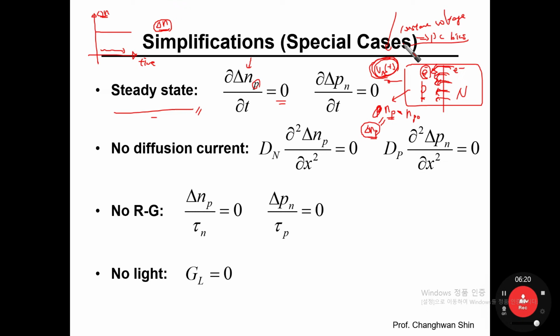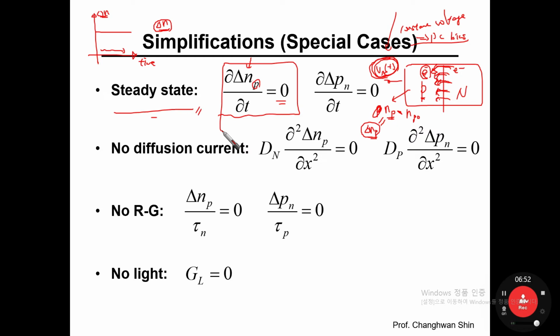Then the first derivative of delta n sub p with respect to time is always 0. Mathematically we can write this down: if steady state holds in your analysis of a p-n junction diode, even for a MOSFET or MOS capacitor, then the partial derivative of delta n sub p with respect to t is 0.